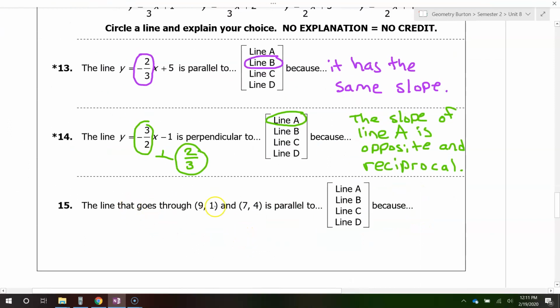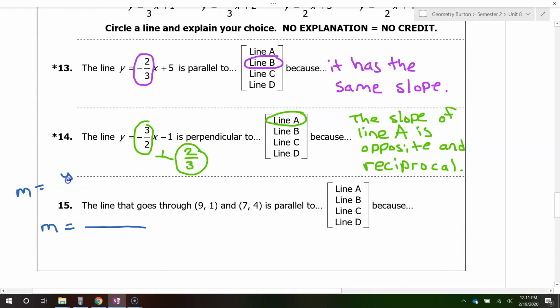So, the line that goes through these 2 points is parallel to which line? Well, I need to take these 2 points and figure out what the slope is. So the slope is going to be y2 minus y1. So we're using the formula. I feel like I need to write this again.